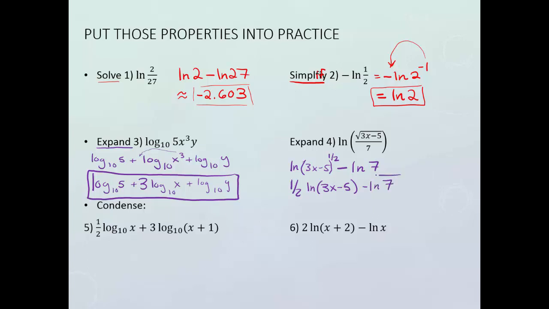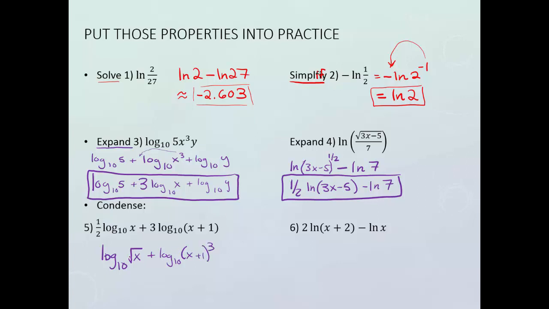Okay? So I'm going to ask you two things to do, one to expand and one to condense. So let's condense this one. This one turns into log base 10, and 1/2 would move up to this. But the 1/2 of x is the same thing as the square root of x, plus log base 10 of x plus 1 to the third.